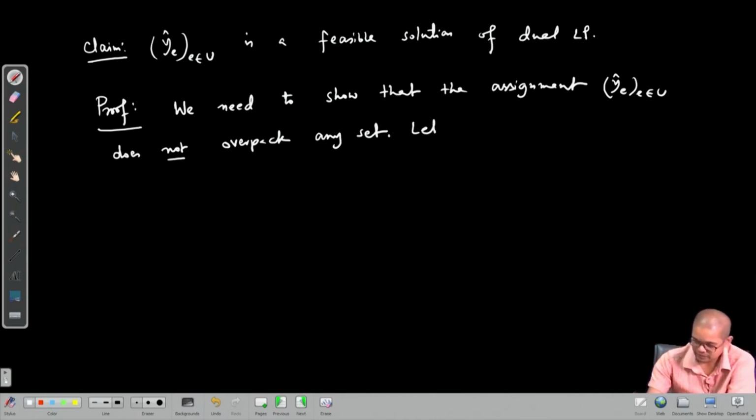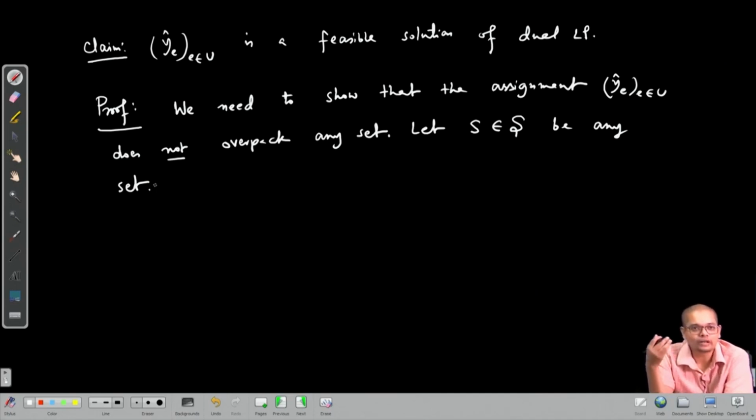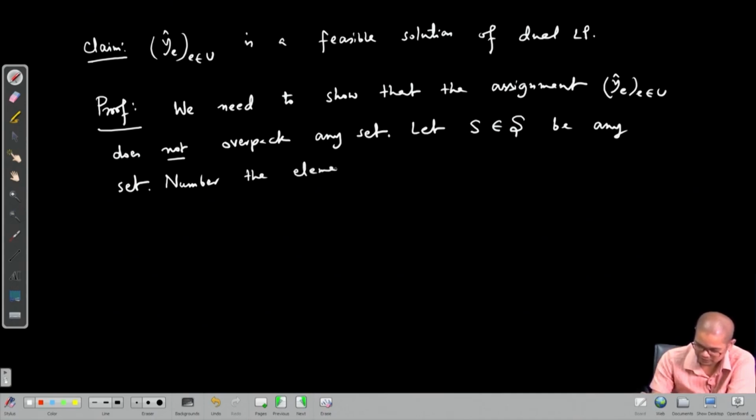Let S belong to the collection, be any set. Again, number the elements in the order they are covered. Number the elements of S in the order they are covered.